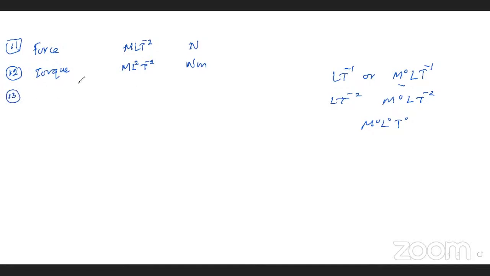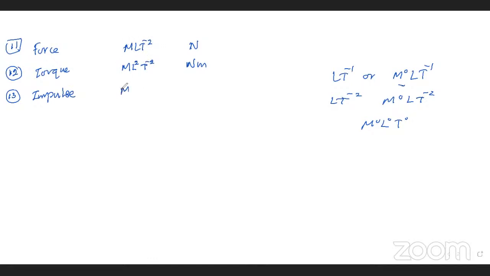That's torque. Then impulse. Impulse is the force divided by the time. So then this one divided by time means this becomes M L. Sorry, the impulse means force multiplied by time. So this multiplied by time becomes MLT minus 1.